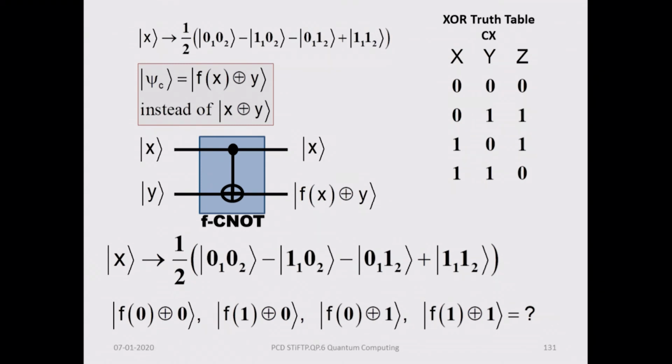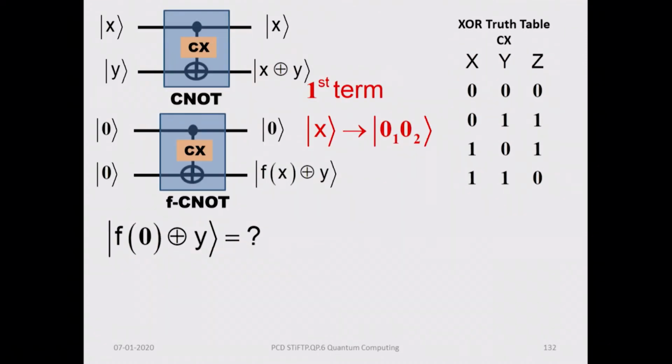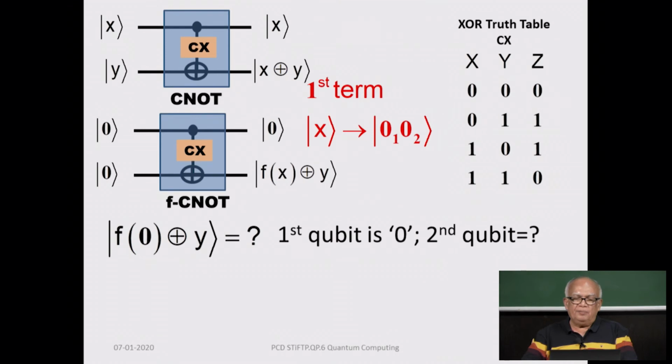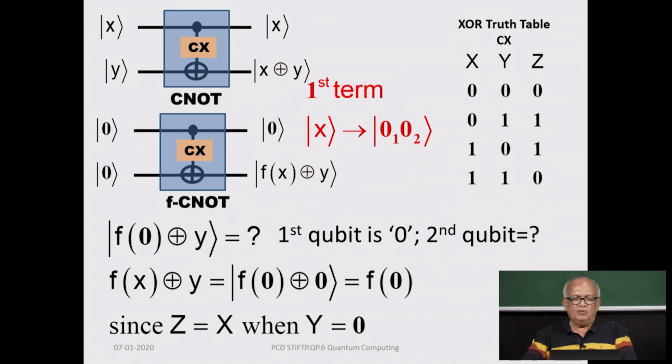And you know what is what from the XOR truth table. So, this is the exclusive OR truth table of Boolean algebra, right. And let us have a look at the first term. x is 0 0. You are asking what is fx XOR y. So, what is f0 XOR 0, right, that is what you are asking. So, x is 0, first qubit is 0, you are now going to ask what the second qubit will be.